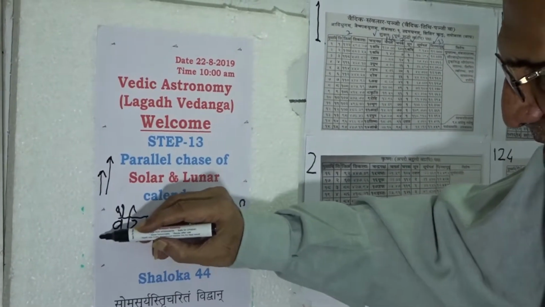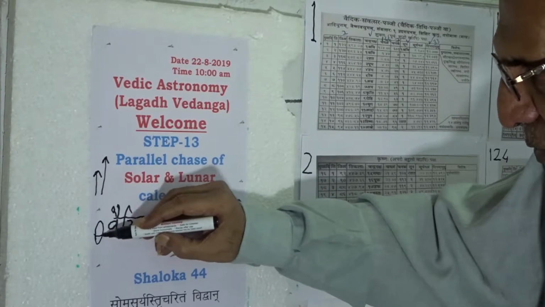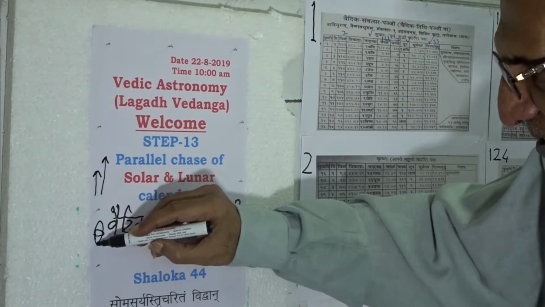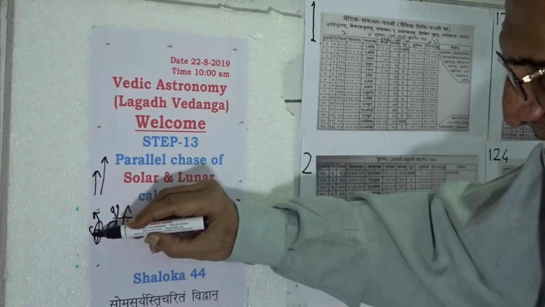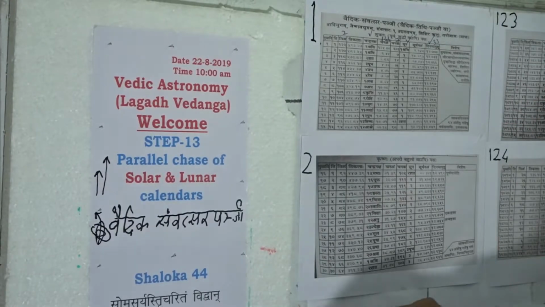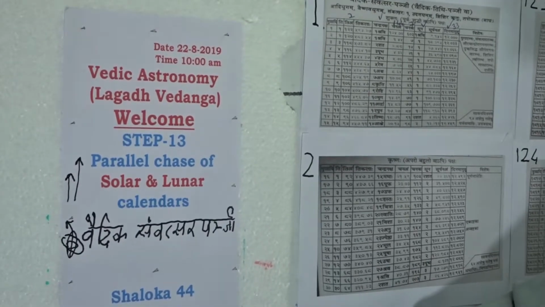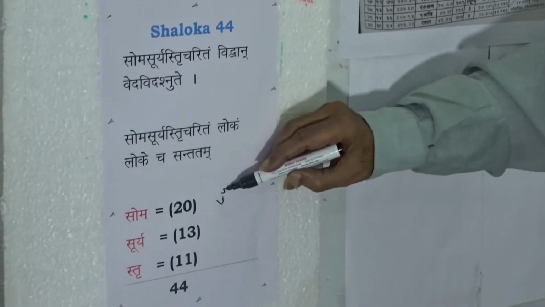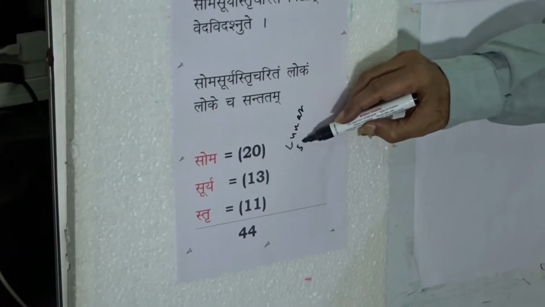It is the motion of the Earth around its own axis as well as around the Sun, and Moon is having motion around the Earth. We are here interested in the lunar calendar and also of the solar calendar.